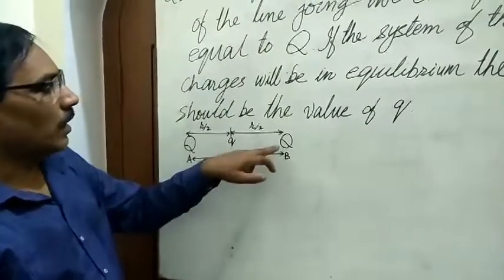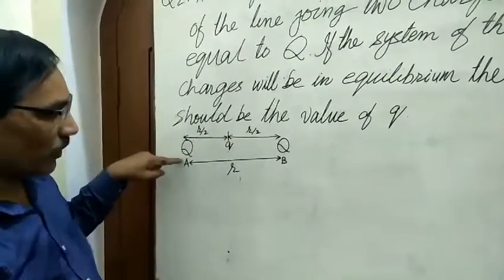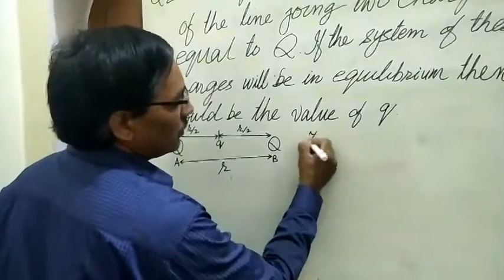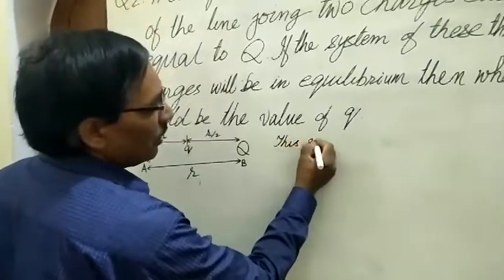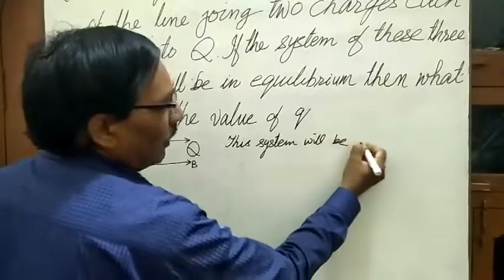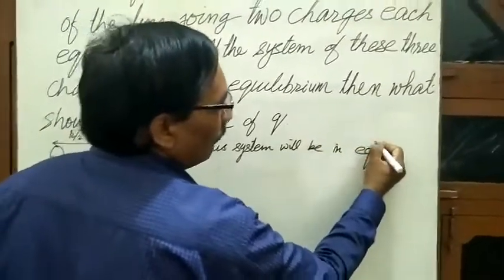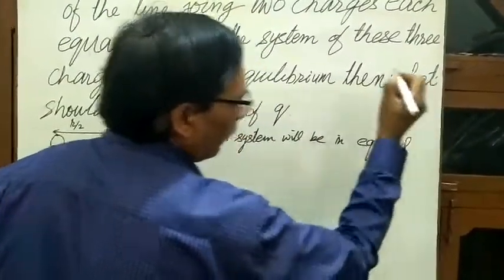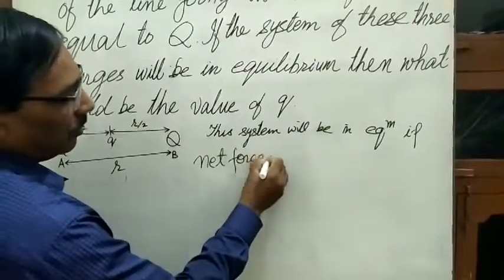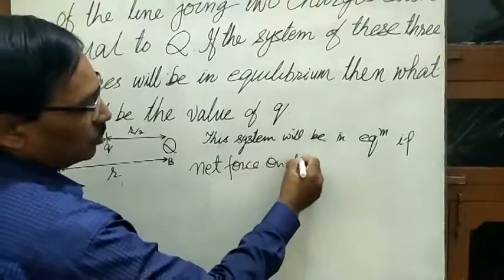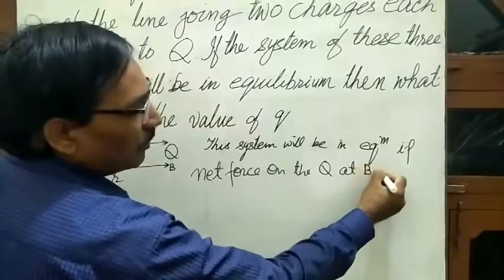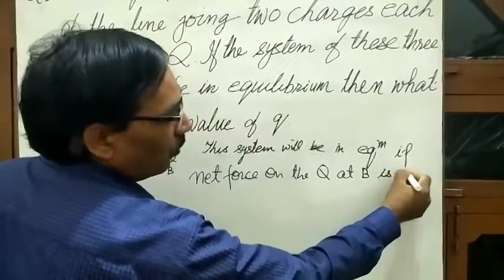Find the force at Q because of the force at point A. This system will be in equilibrium if the net force on the charge capital Q at B is 0.